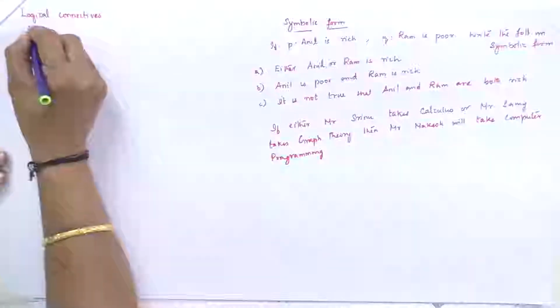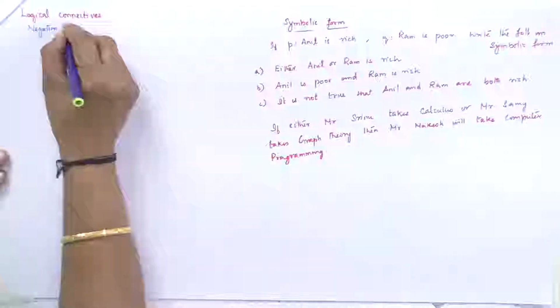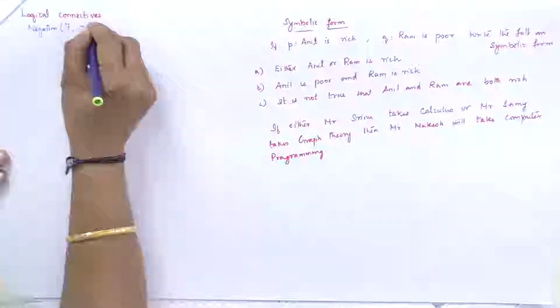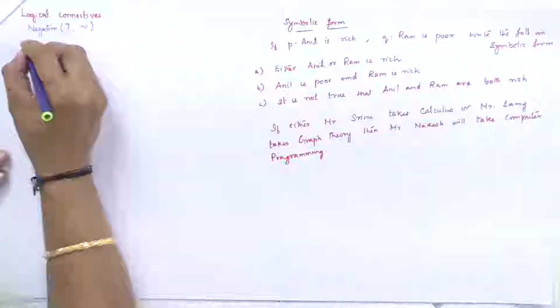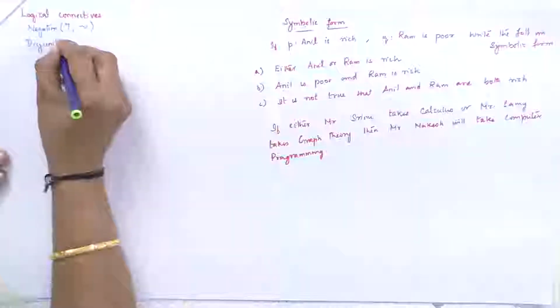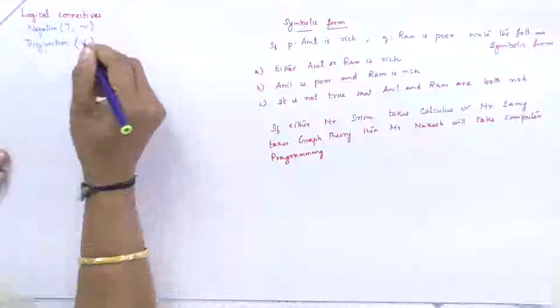First one is negation, which we denote as not, or otherwise with the tilde symbol. Next is disjunction, which will be denoted as or.